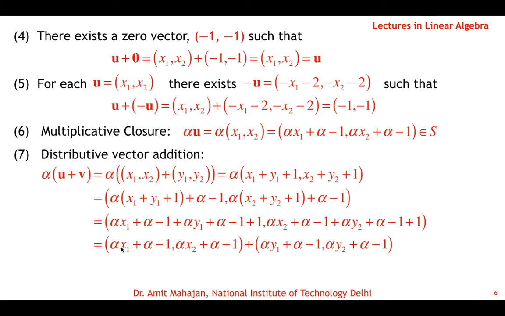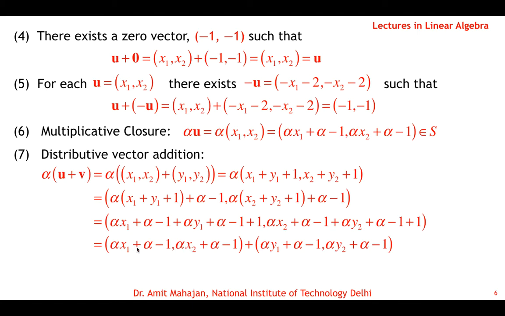So clearly we'll get this result. This gives us alpha x1 plus alpha minus 1 comma alpha x2 plus alpha minus 1, plus the second element alpha y1 plus alpha minus 1 comma alpha y2 plus alpha minus 1. So this addition rule is applied backwards here. Then we can use the scalar multiplication rule backwards.